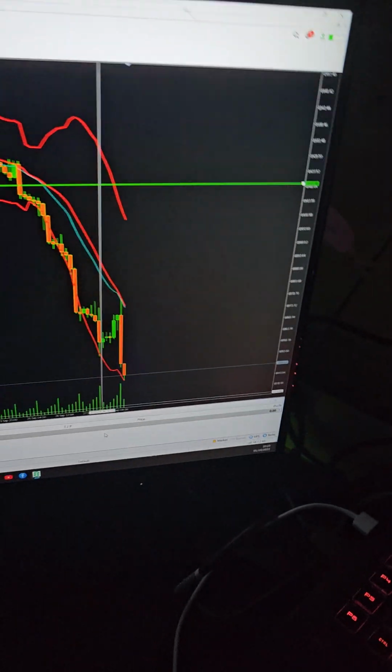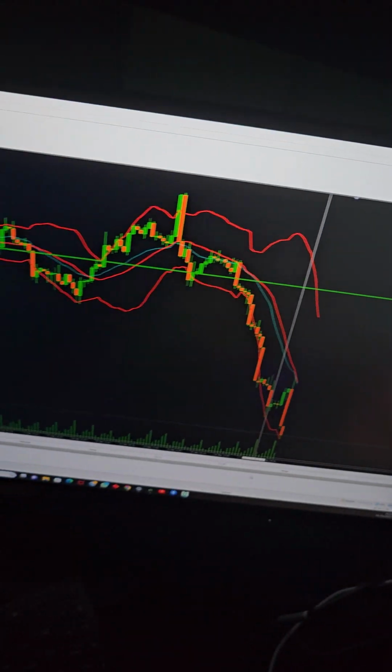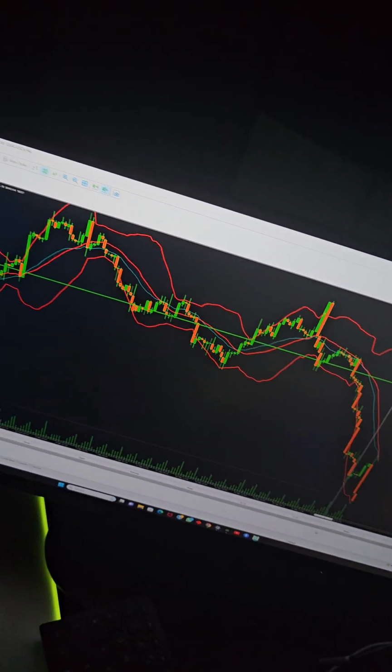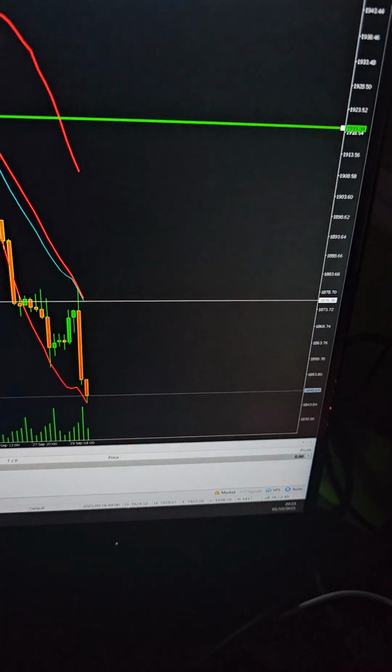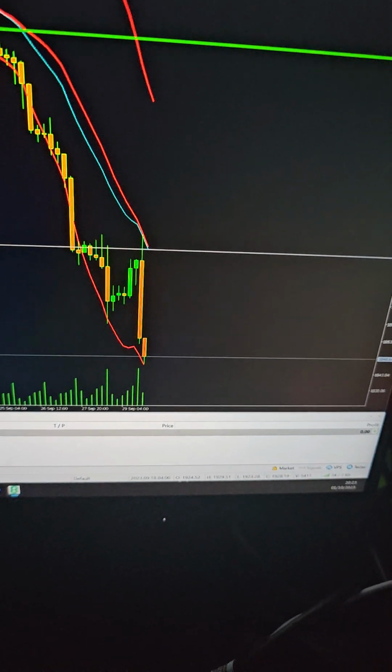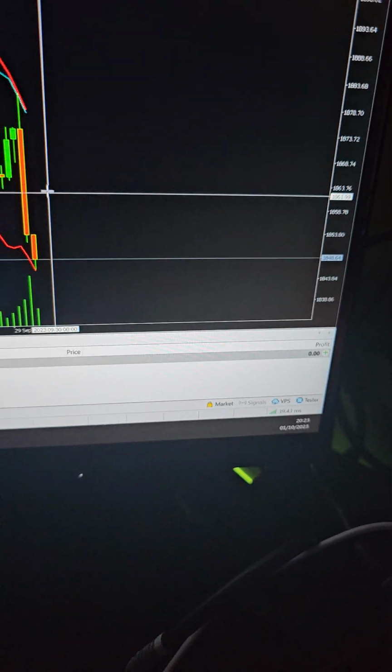Okay, so since we're in the downtrend, clearly this is a downtrend, what I would be expecting tomorrow is that we could see price move back up, a bullish move back to around 1865, 66, 67.